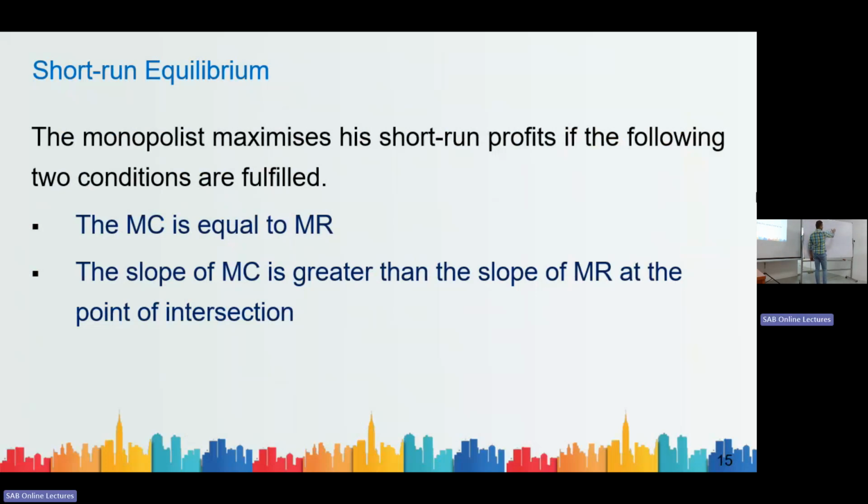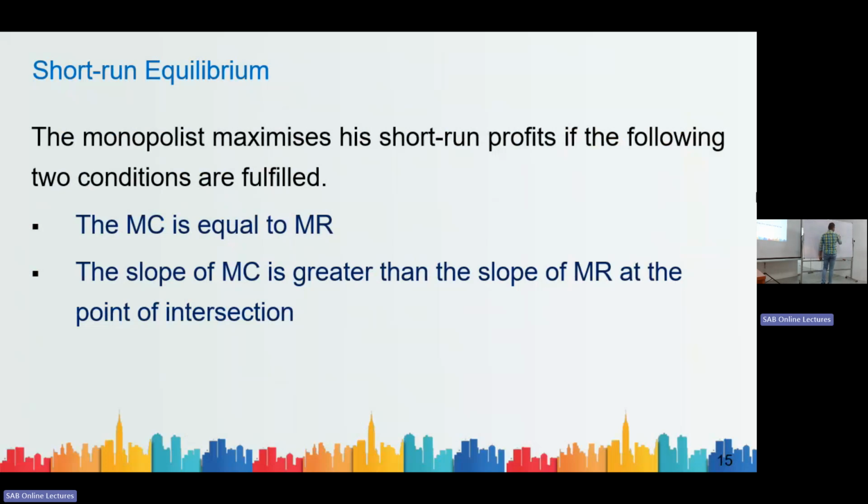So in perfect competition, the two conditions for profit maximization are these: marginal revenue should be equal to marginal cost, and the slope of marginal cost should be greater than the slope of marginal revenue. We understood that the marginal revenue curve is horizontal, therefore its slope is 0. And also we understood that price, marginal revenue, average revenue, all these values are the same in a perfectly competitive firm.